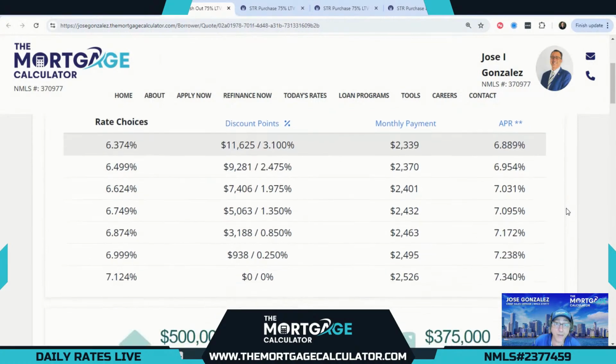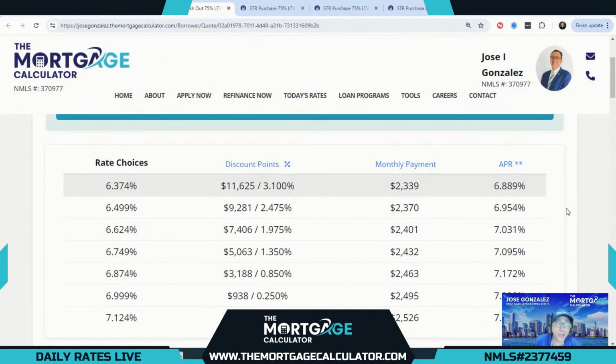But please note, this is for a property recently put into service. Maybe it was just recently purchased, it was renovated, furnished, spruced up, and now was just put into service, and you have all the proof from the platform that you just put into service, all the information that you need to provide to show that it was just put into service, then this is the one for you.